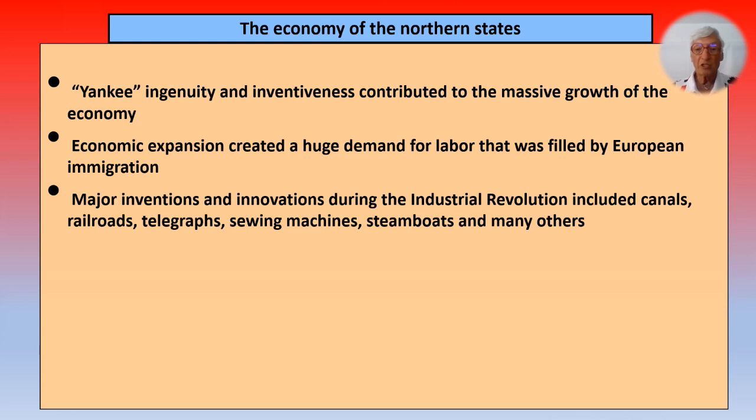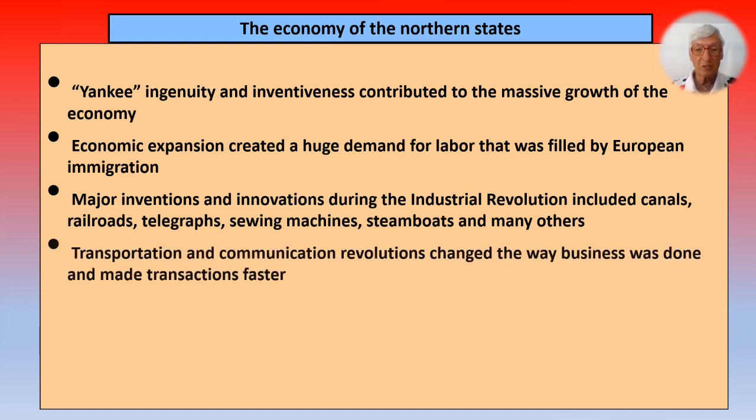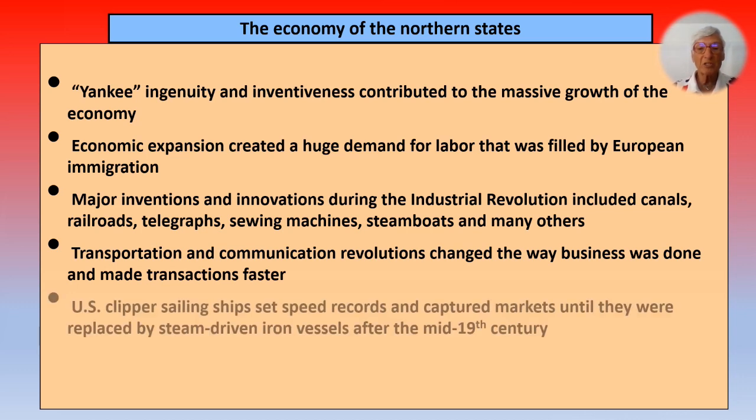Major inventions and innovations during the Industrial Revolution included things like canals and railroads and telegraphs and sewing machines and steamboats and many, many others. Transportation and communication revolutions changed the way business was done and made transactions faster.